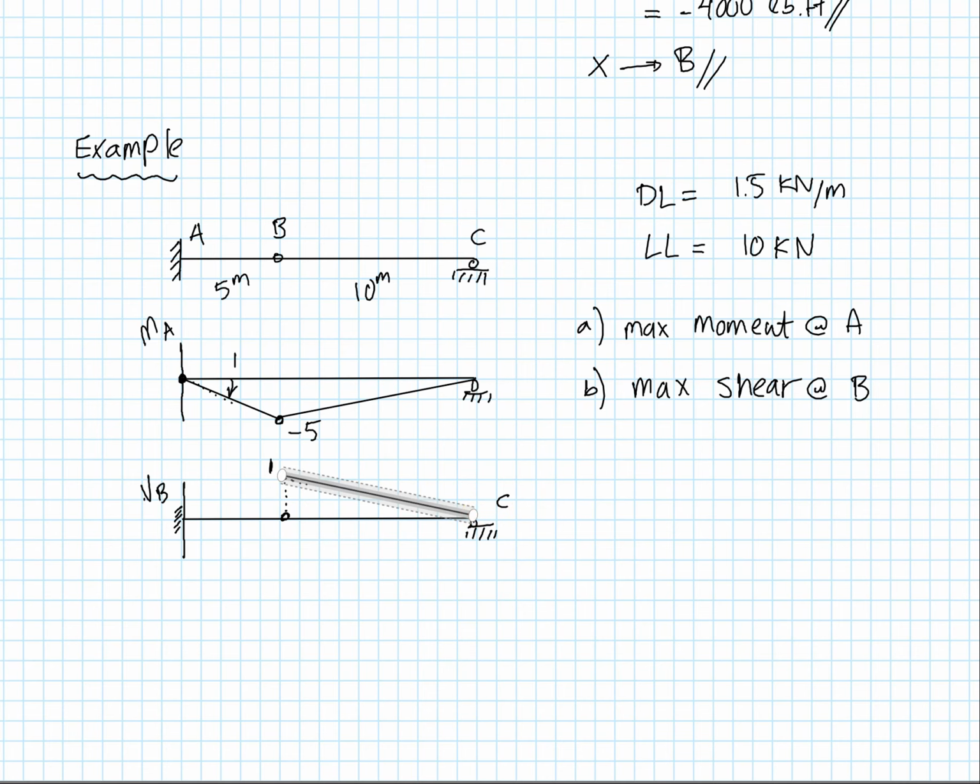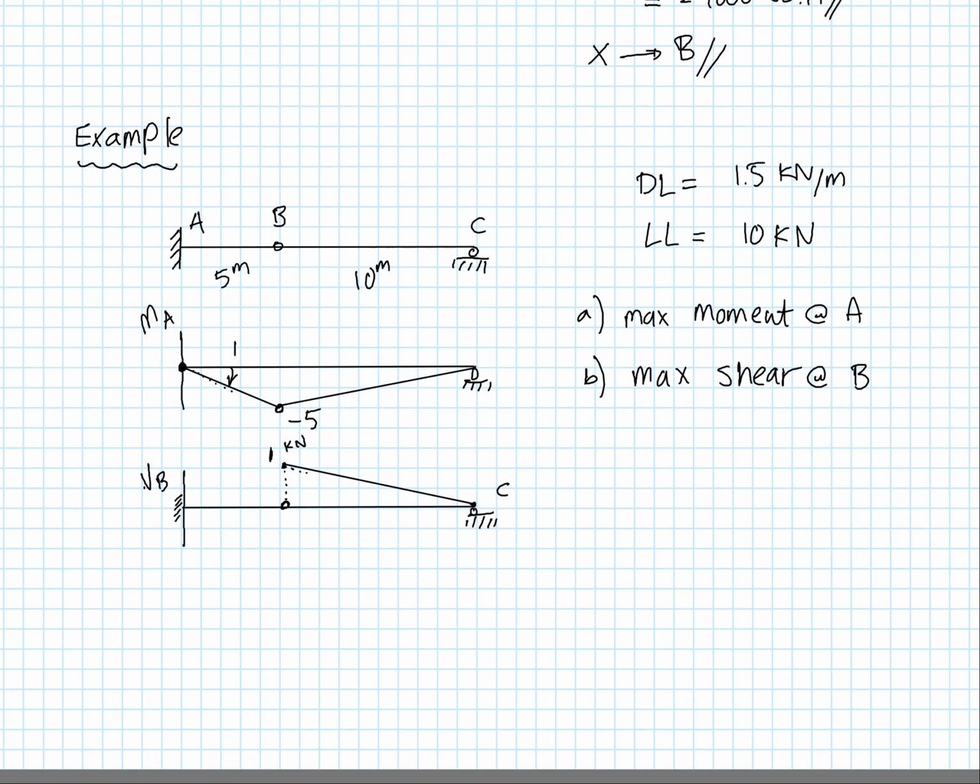Here it is. And so that's really it. We have this magnitude, it's going to be in kilonewtons, it's going to be 1. And so we go back down to C. C is the natural or prescribed boundary condition, so we're not going to change that. But we're only introducing the slider at position B per the question, because we're interested in the shear at location B.